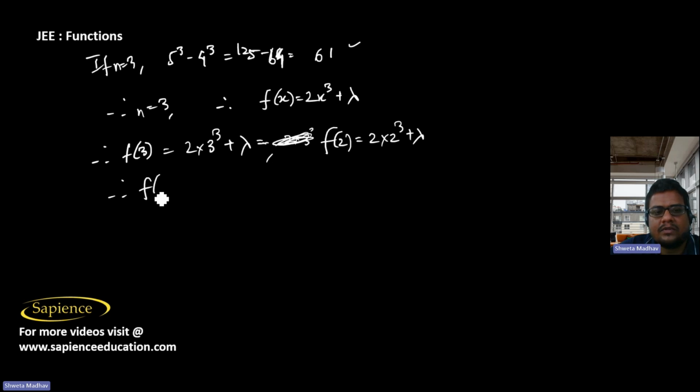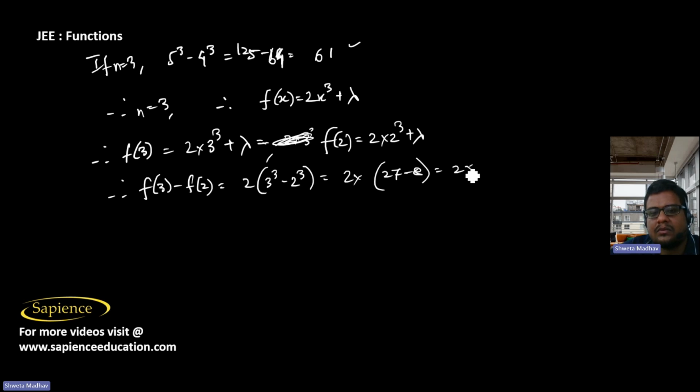So now f of 3 minus f of 2, that we have to find, is 2 into 3 cube minus 2 cube. So that will be equal to 2 into 27 minus 8, that is equal to 2 into 19, that is equal to 38.